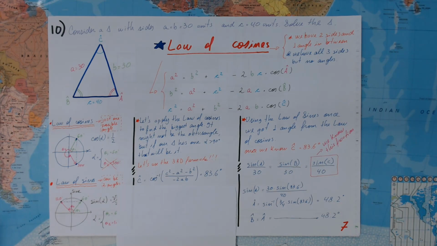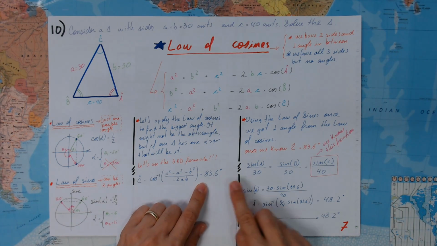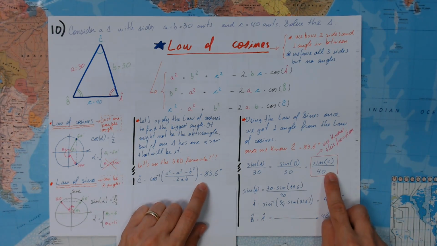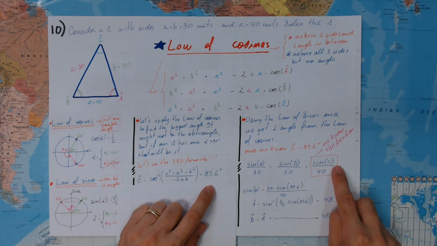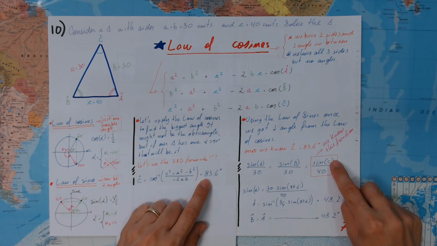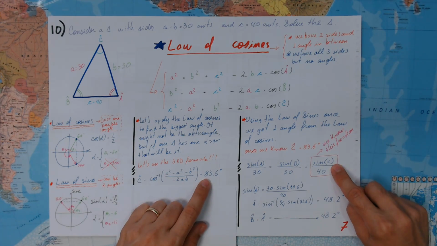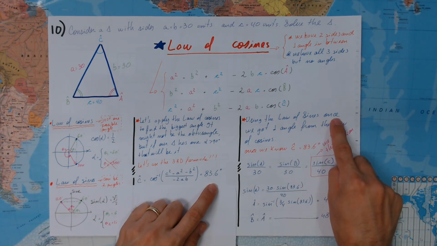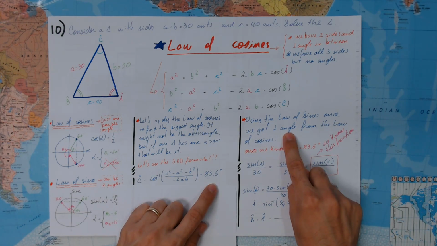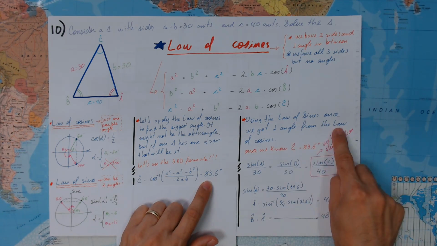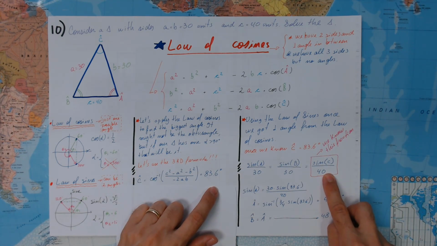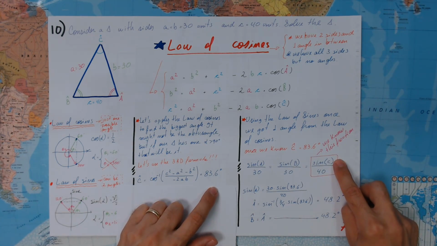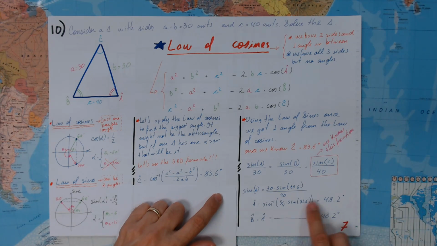Because this is the law of sines, but until you know any angle, it's worthless. Now that you know this angle, we know this fraction. Using the law of sines, once we got one angle from the law of cosines, we can now start working on the law of sines. And by knowing this fraction, we just do the math, okay?